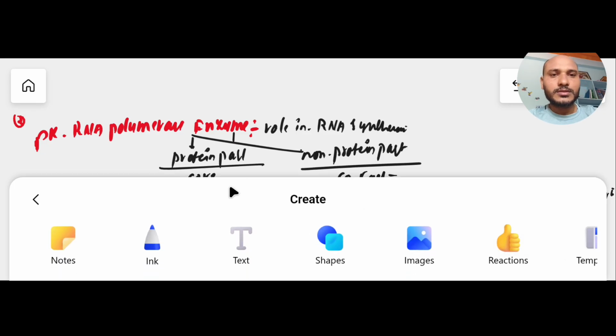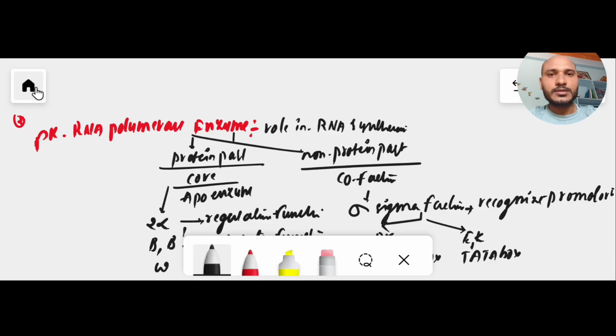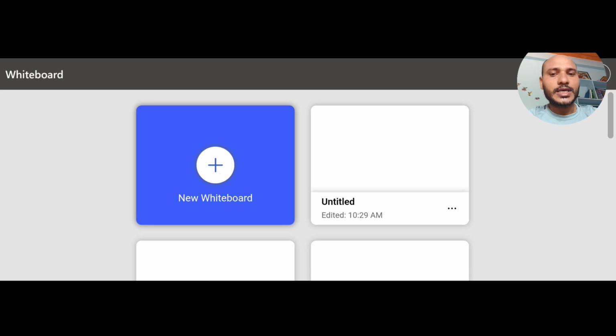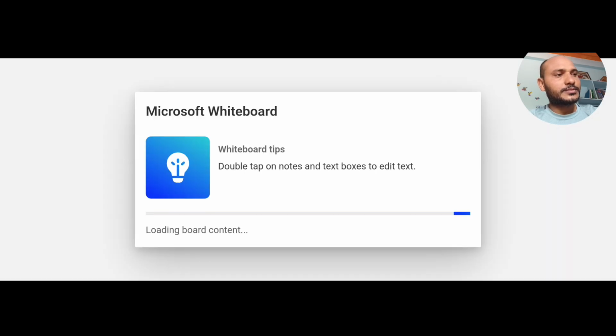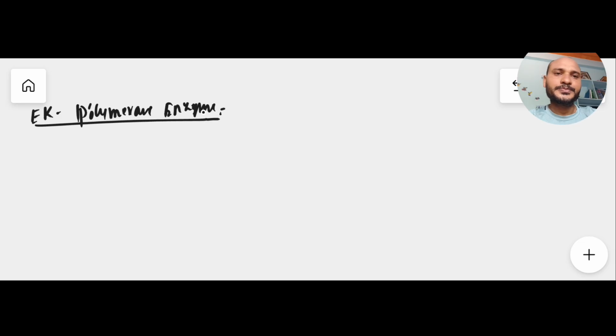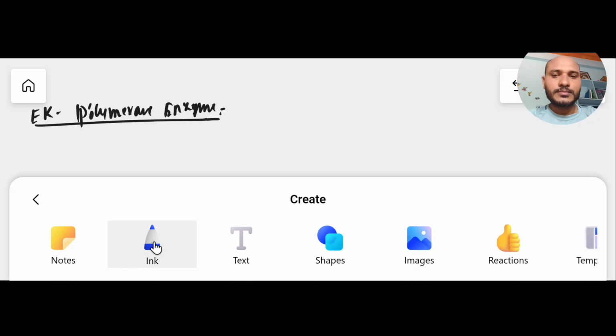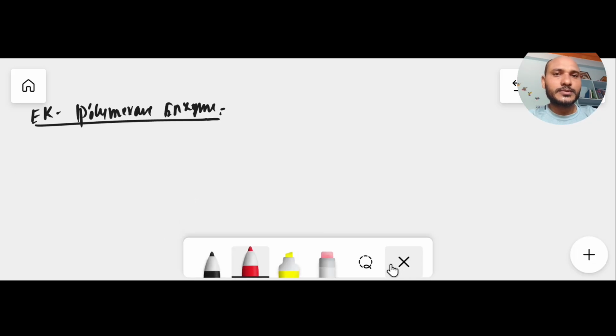Now we move on to one more important topic, the eukaryotic polymerase enzyme. Here we have two types of eukaryotic polymerase enzyme.